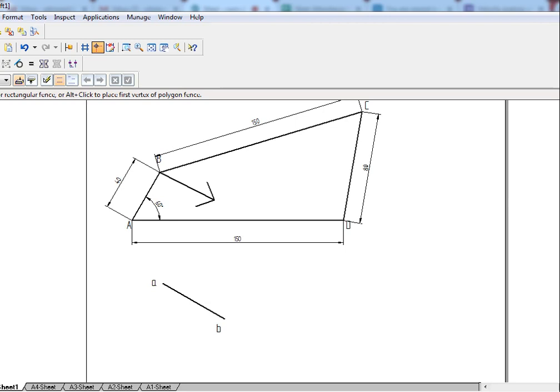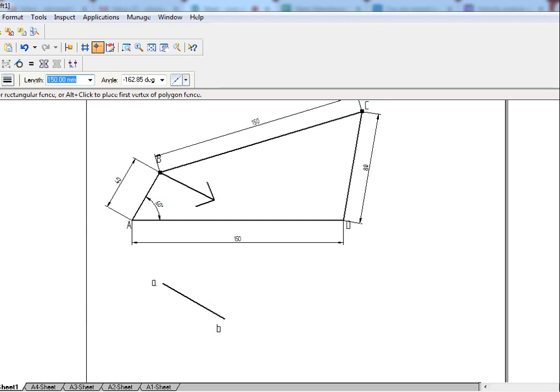So BC is here. Now I have to draw a perpendicular to this BC. What is the angle of BC? It is around minus 162.85. So I have to take a perpendicular line from BC. How will I take the angle?